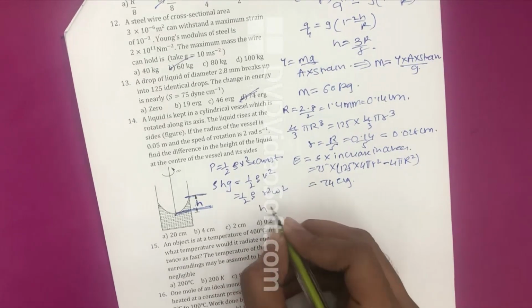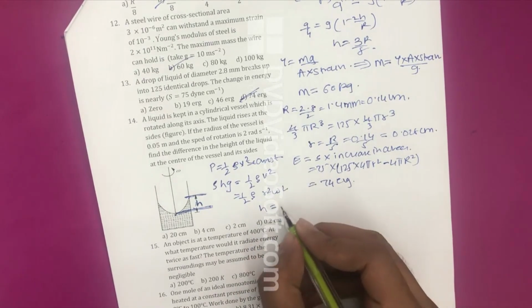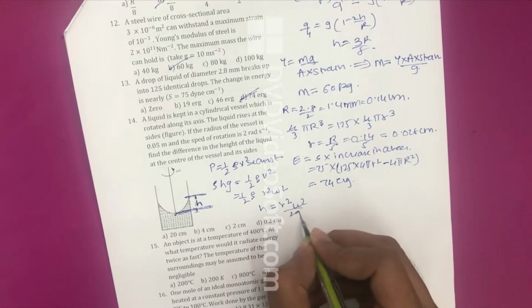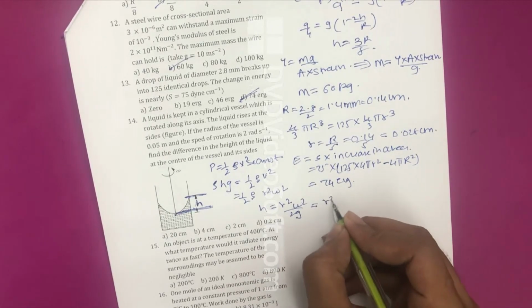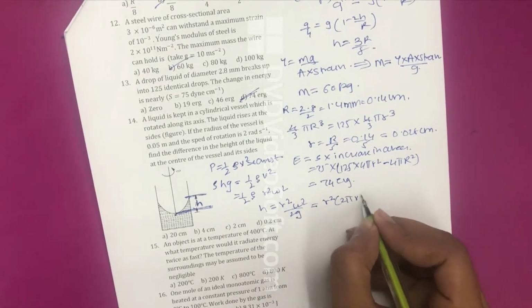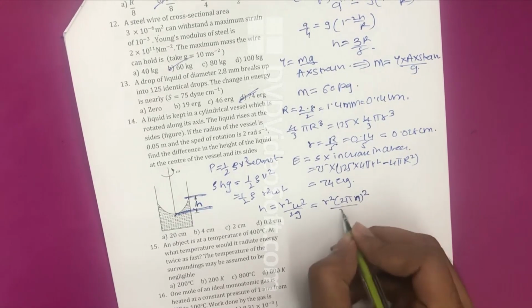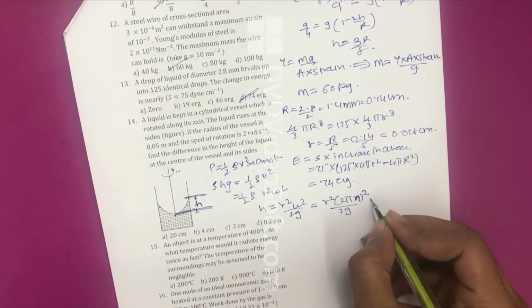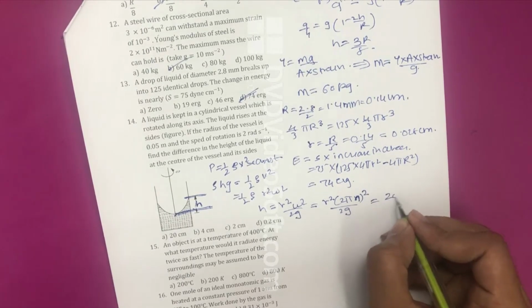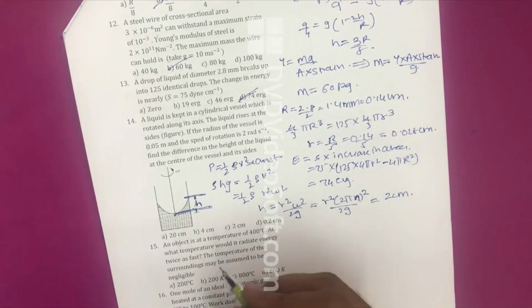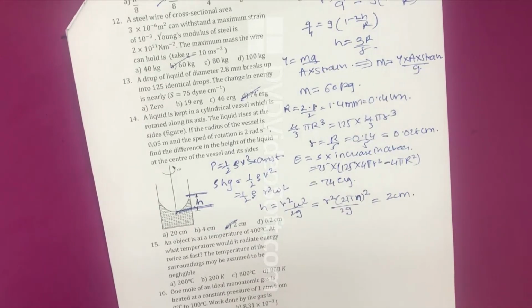Hence, I would get the height as R square omega square by 2g, which will be equal to R square (2 pi n) the whole square, divided by 2g. Substituting all the values, I would get the height to be 2 centimeters. So correct answer would be option C, 2 centimeters, as all the rest of the values are given.